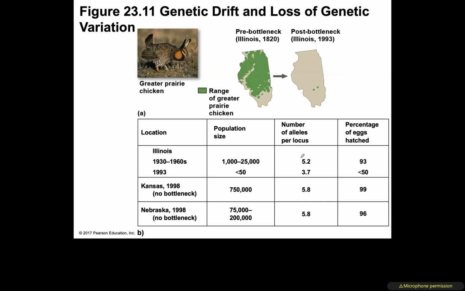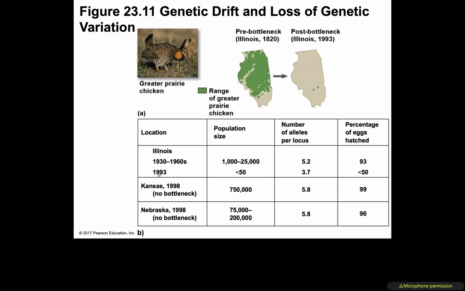So they had about 5.2 alleles per locus, okay? And this is telling you about how many eggs are hatching. Those individuals that hatched eggs, there were 93 eggs hatching total.